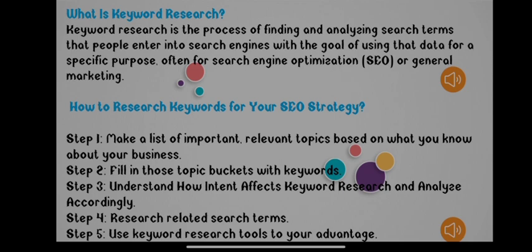Now, the second step: fill in those topic buckets with keywords. As we have made a list of the keywords, whenever we select a keyword, we try to insert it into our related information. My topic is digital marketing, so I will consider what possible queries a user is going to search.